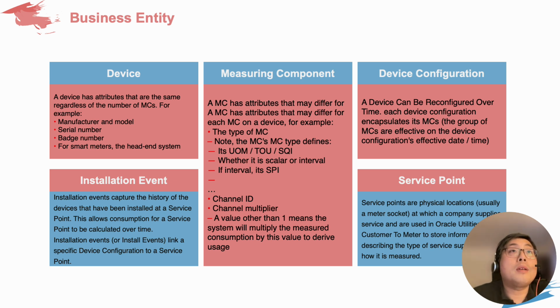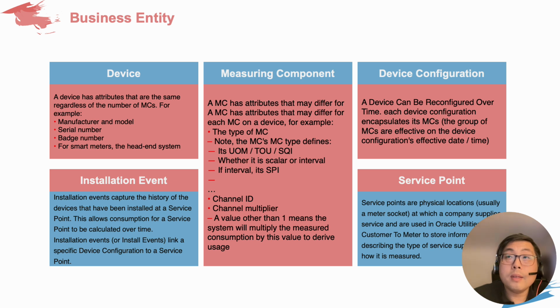Let's just look at the device. A device has different attributes, and they can record things like manufacturer, model, serial number, batch number. For a smart meter, it can be linked to the head end. Not going to talk too much about it, but I think the type of device in a utility is very important.